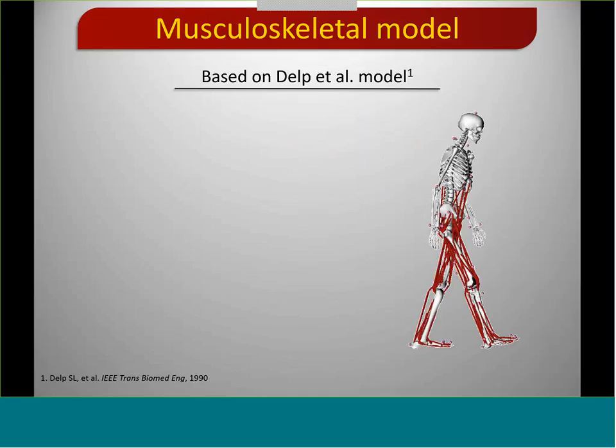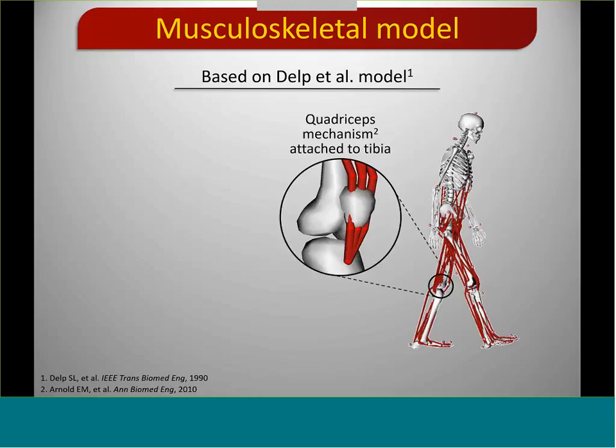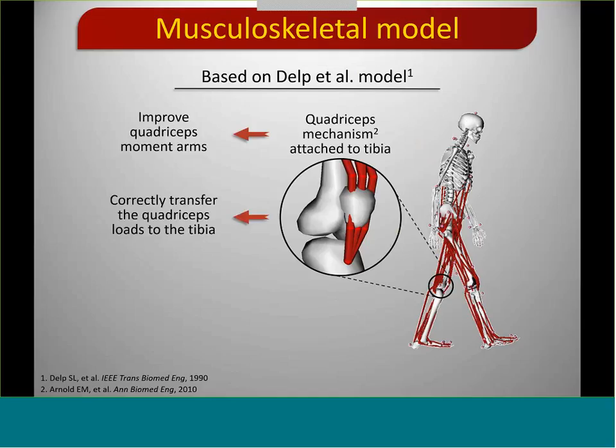First of all, the quadriceps mechanism was added to the model, and the quadriceps muscles were directly attached to the tibial tuberosity, passing through the tibia, through the patella. And this was done to improve quadriceps moment arms and also to correctly transfer the quadriceps loads to the tibia.